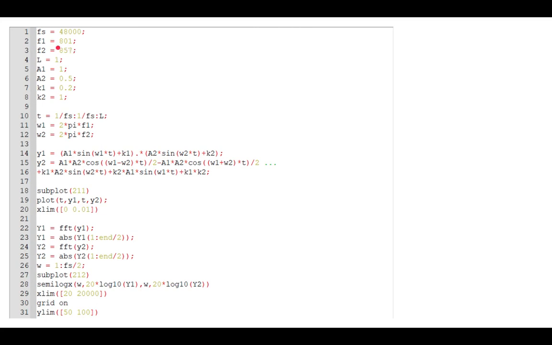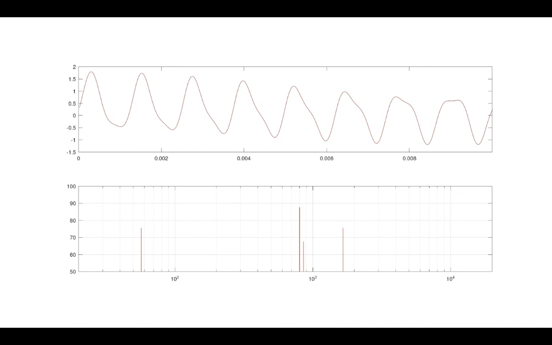So the difference term here is obviously going to be 857 minus 801, which is 56 hertz, significantly lower than them both. And the idea of whether or not undertones could be created by natural phenomenon is the question that kind of started this topic for me.